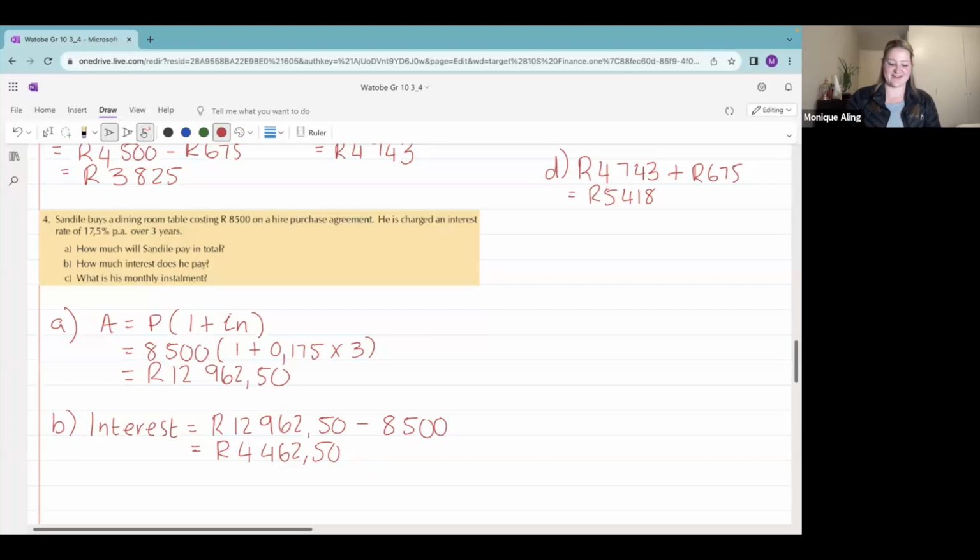Great job. Okay, so the way Denver explained it is also perfect. I think that this is a lot simpler though. We just take how much he now owes with interest minus the original amount. And that gives us how much interest is paid on this dining room table. So that means Sandile is paying an extra 4,462.50 because of that high interest rate.